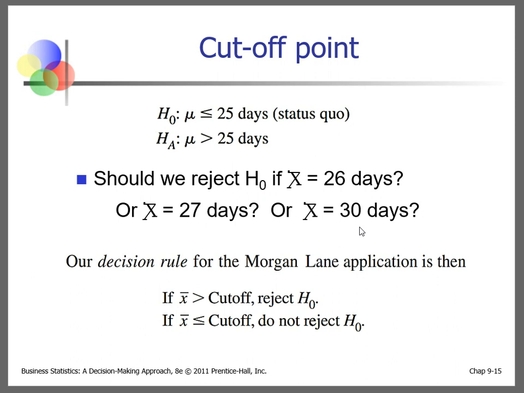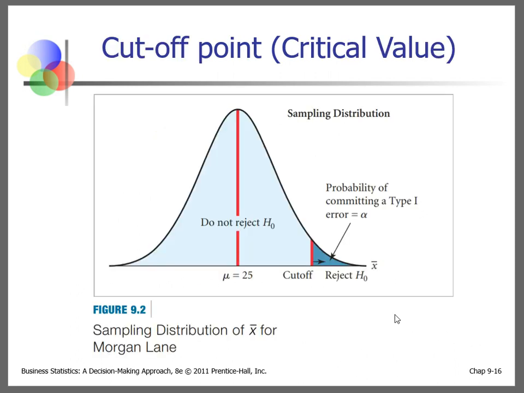To perform the hypothesis test, we need to select a cut-off point that is the demarcation between rejecting and not rejecting the null hypothesis. Our decision rule for the Morgan Lane application would then look like this. This figure shows the assumed position of the cut-off point, or the critical value.